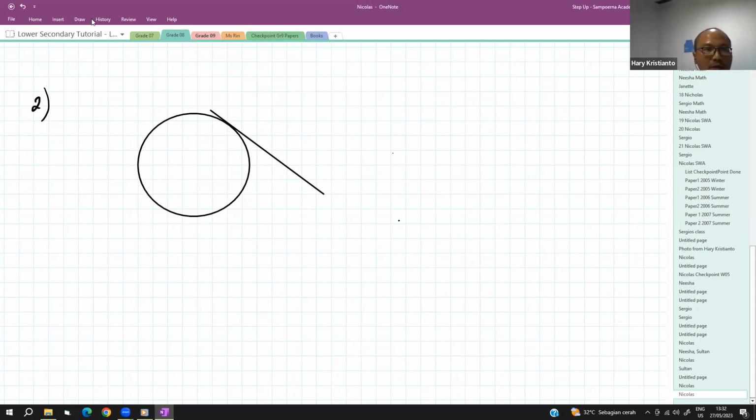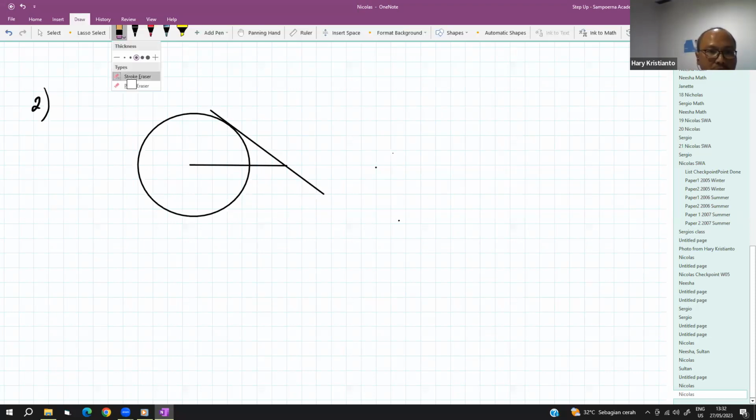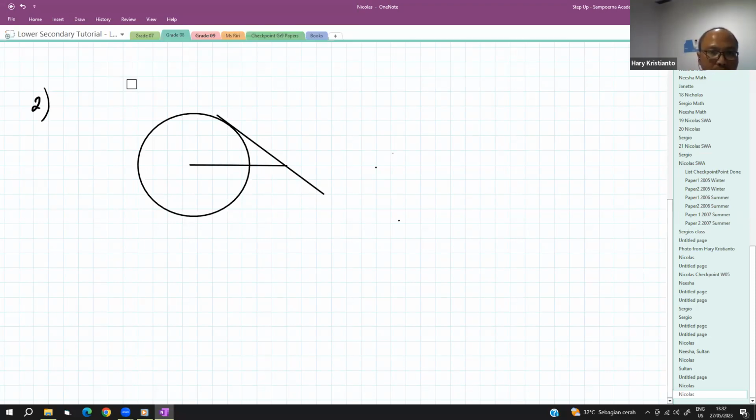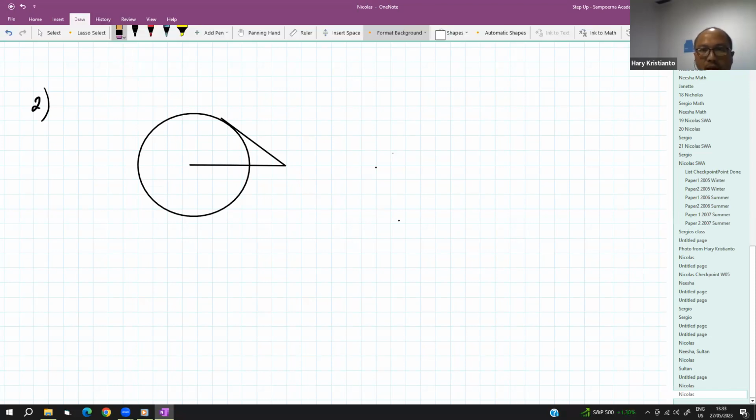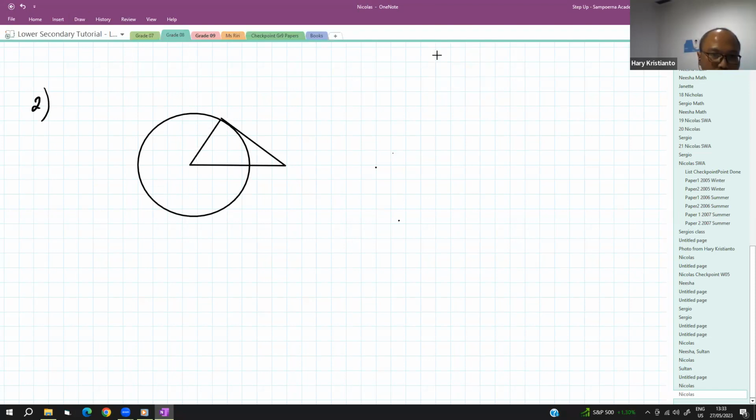Oh, it passes through O. Anything else can be erased. Here can also be erased. And then we have this right angle triangle drawn completely.